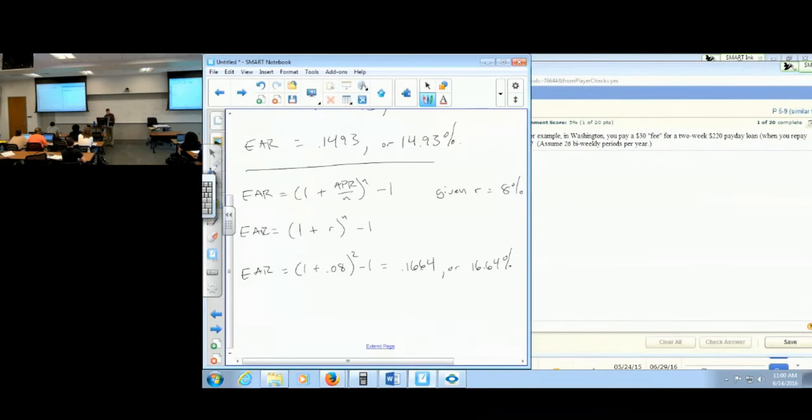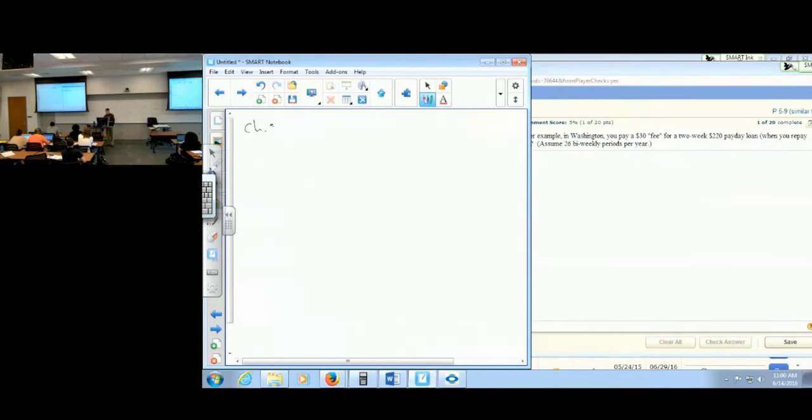All right, so let's map out your actual payments. If you were to take out this loan, it's a $220 loan, so they would give you $220 today. Right? And what you would promise to repay is the $220 one period from now.